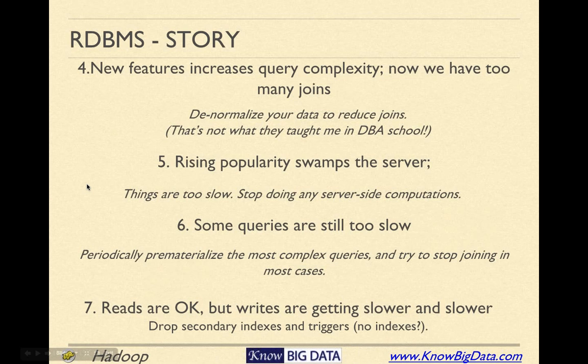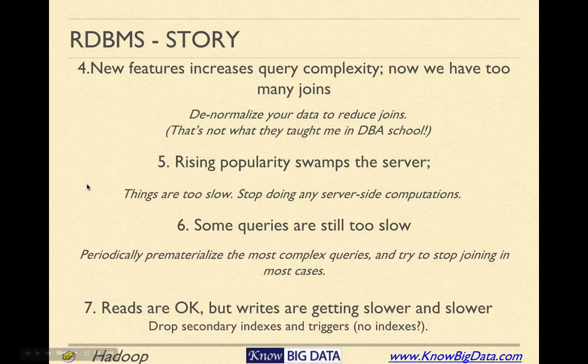at this point, you have sacrificed two things. First, the normalization, which is provided by the database really well. Second, the ACID property, which is consistency, out of your database. Now your database is still gaining popularity. Things are getting too slow.